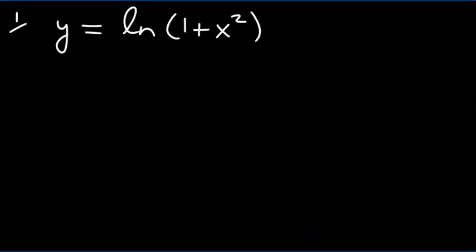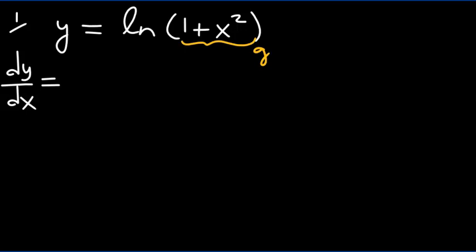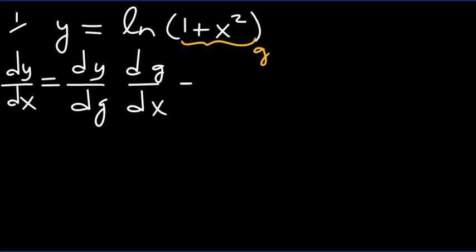So let's begin with more complicated expressions for logarithm. Let's say you have the following function. So how do you take the derivative with respect to x? Now we can use the differentiating function of a function method. So by taking the quantity in the bracket to be, let's say, a function g, then dy dx is quite simply dy dg times dg dx. Now dy dg is simple because this function in terms of g is quite simply natural log of g.